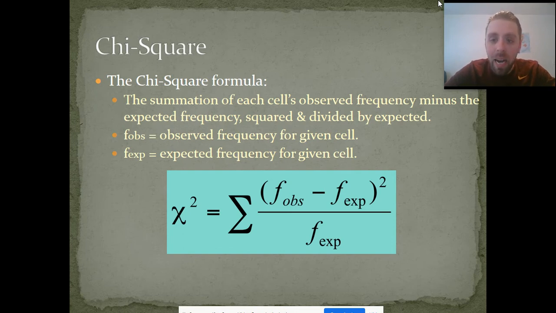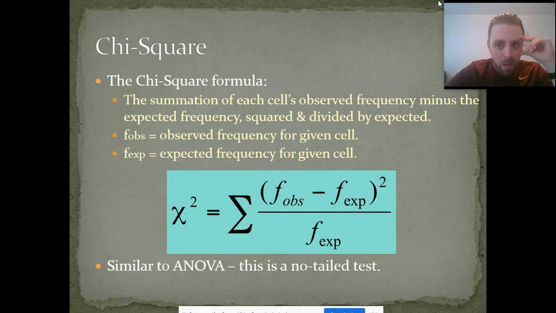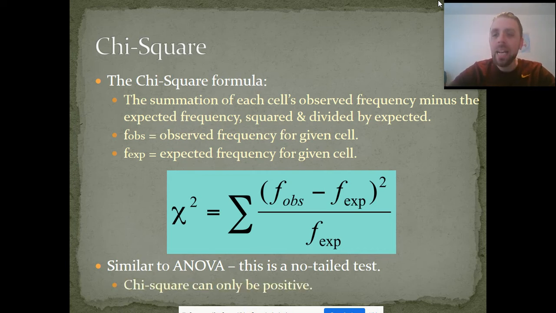Now, the way I encourage you to set this up is to follow the order of operations. Before I get to that, similar to ANOVA, as you can see with the squared property there, this is going to only be positive. Therefore, chi-square is a no-tailed test. Chi-square can only ever be positive. Why?